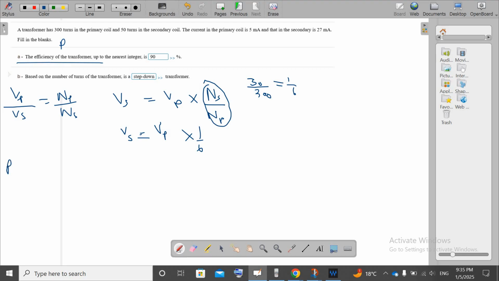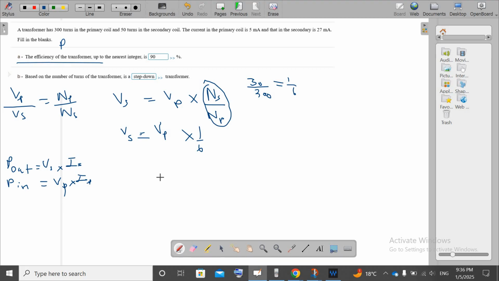I know that P out equals VS times IS, where P in is equal to VP times IP. Again, sorry for the bad handwriting.